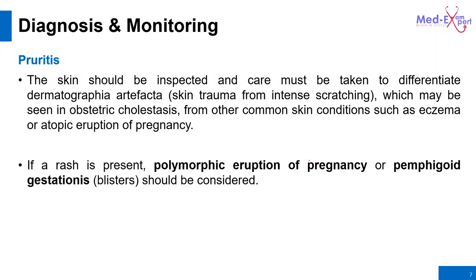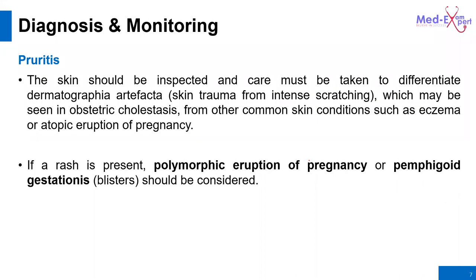But if you find a rash, you should consider other skin disorders like polymorphic eruption of pregnancy or pemphigoid gestationis, the blisters. So if you find a rash with the pruritus, you have to think about skin or dermatological conditions, not obstetric cholestasis, as the pruritus of obstetric cholestasis is not associated with a rash.